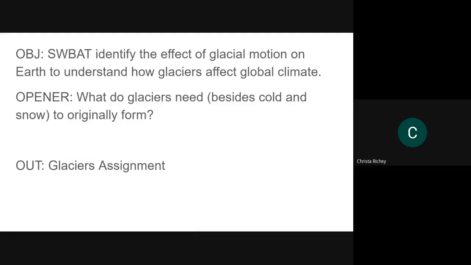Okay. On Friday, we talked about ice ages, and I had to sort of mention glaciers a little bit since they're related to each other. For this opener, besides it has to be cold, you have to have snow.